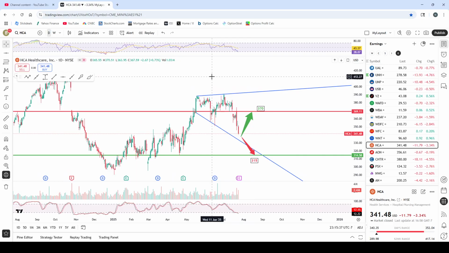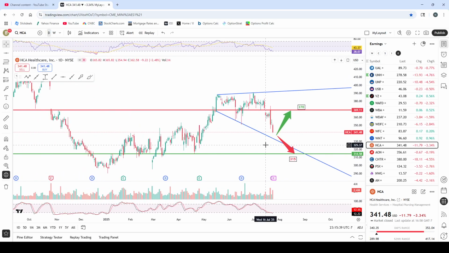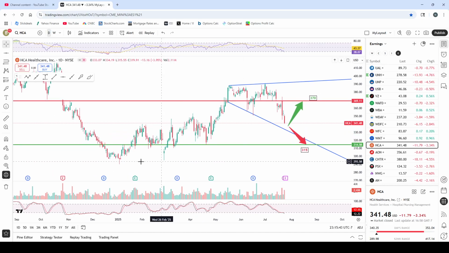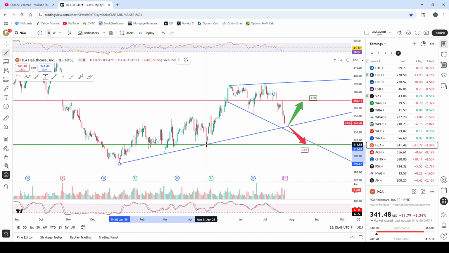Now pretty much I am done. But usually I will look back to see what else. If I remember the low, if I select this low and this here, you can see the low here and the low here kind of cross about here.